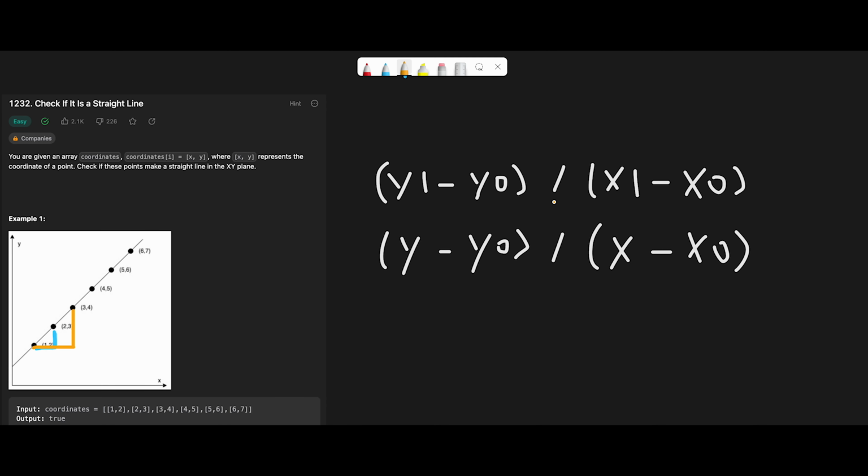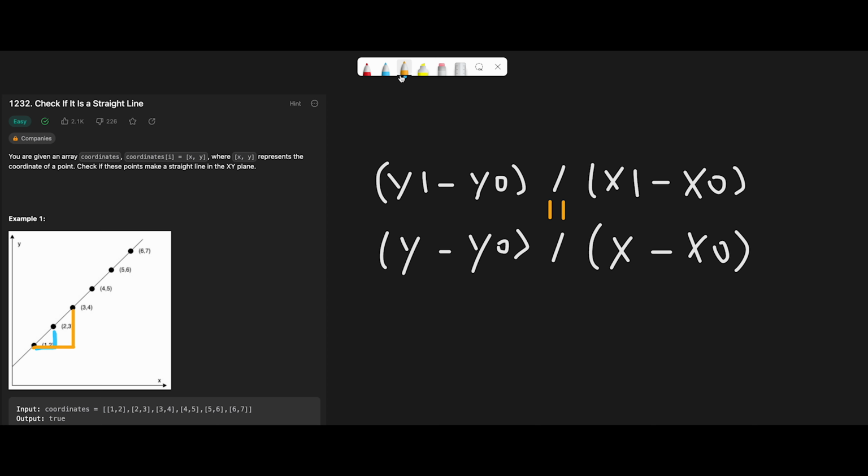As I told you, if their answers are equal, we can prove that these three are on the straight line. So how can we keep this equality without a division? It's simple. We switch the x calculations.